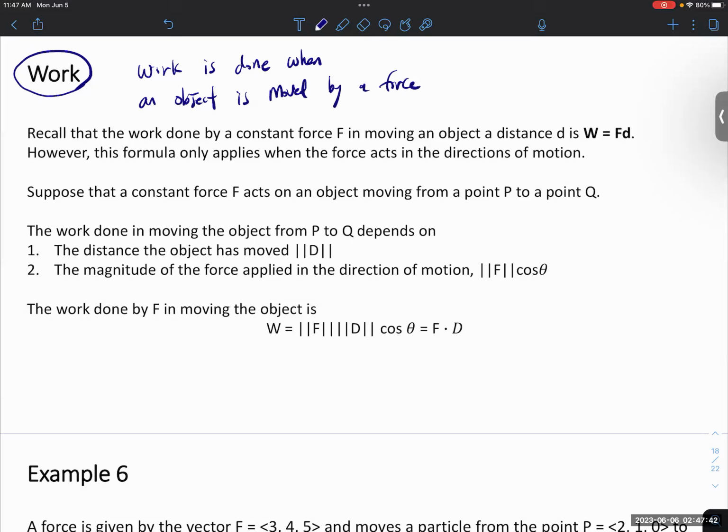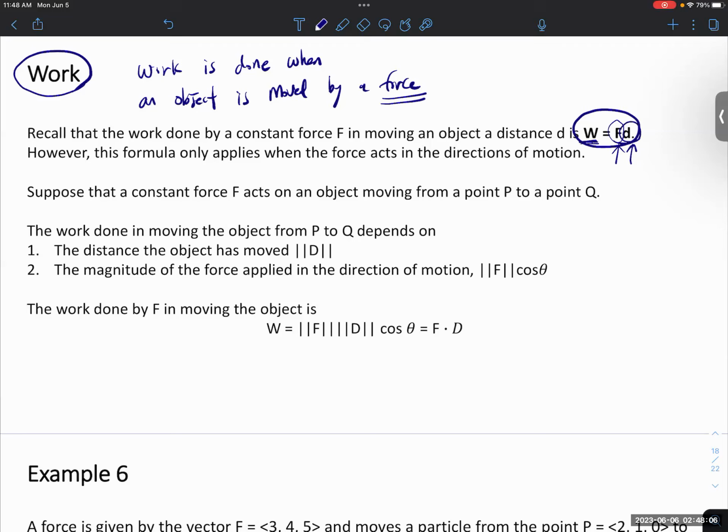When the force is constant and applied in the same direction the object moves, we define the work done as the product of the force and the distance the object travels. So basically in physics, work is force times distance. The force is how much you're pushing or pulling, and the distance is the length.